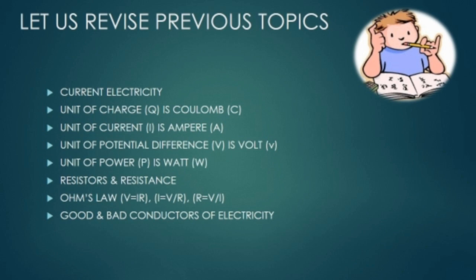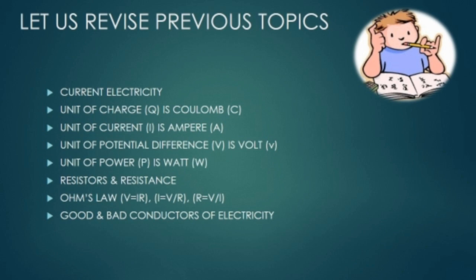Ohm's law can be stated as: whenever the current I is applied in a metallic conductor with the help of the potential difference V applied across it, that potential difference will be directly proportional to the current.